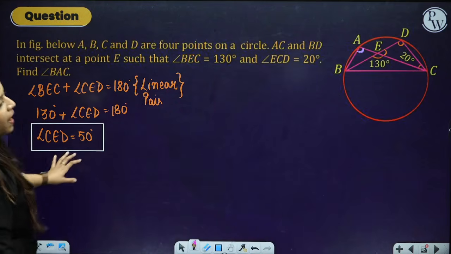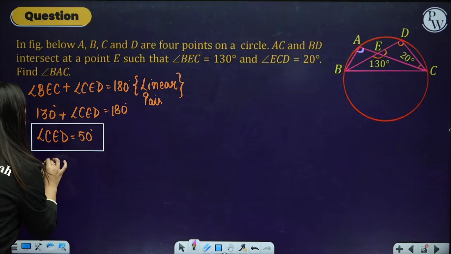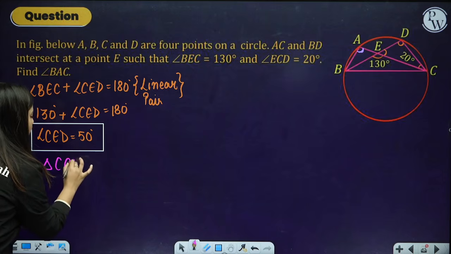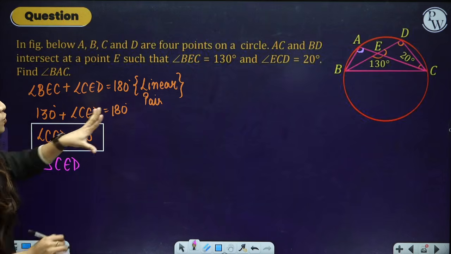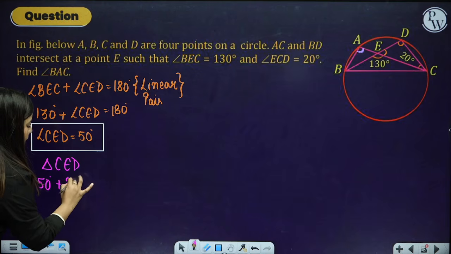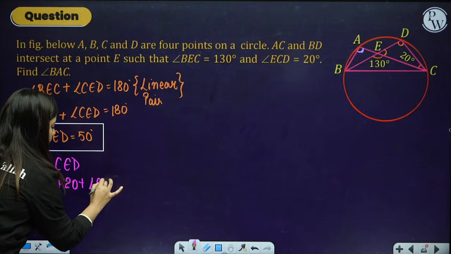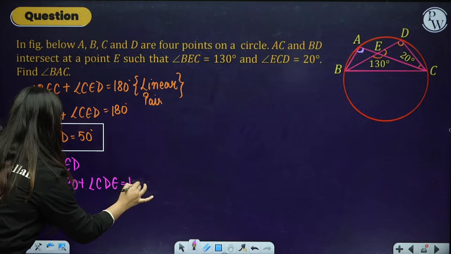Now the next part is, in triangle CED, if we add 50 plus 20, we have 70 degrees. We have one angle as 50 degrees, one as 20 degrees, and the other unknown angle as CDE. All of them will be equal to 180.